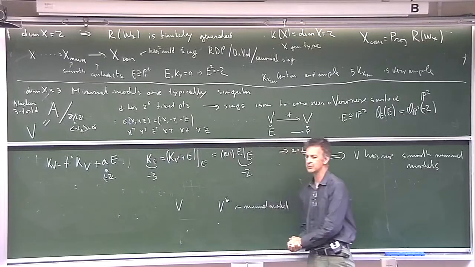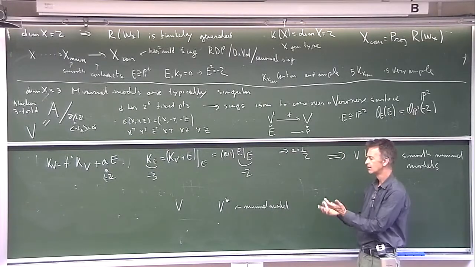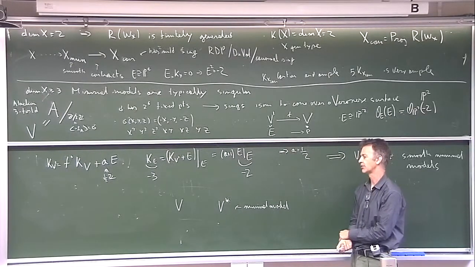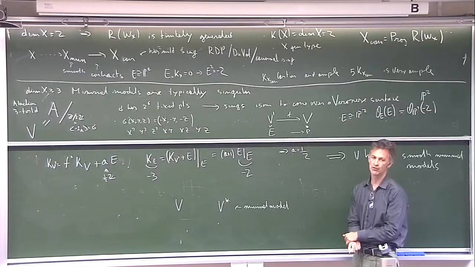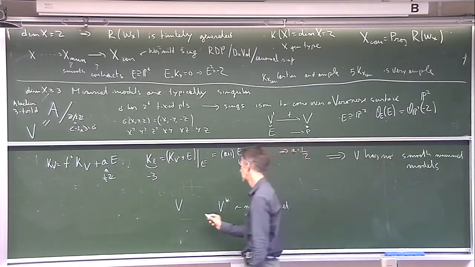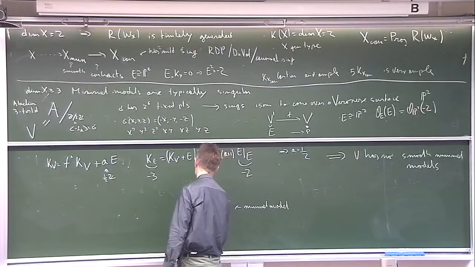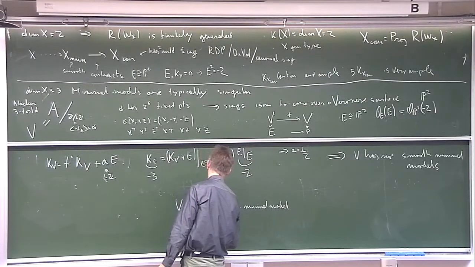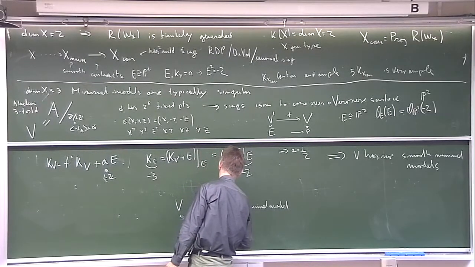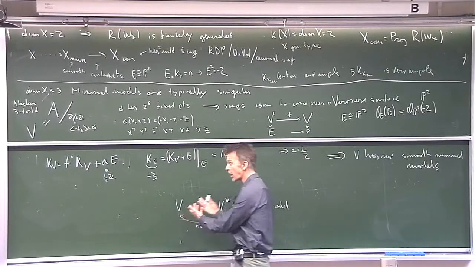Well, by the argument that I hinted at before, or we'll certainly check it more carefully later, V and V star are isomorphic in codimension 1. But they don't actually have to be isomorphic.